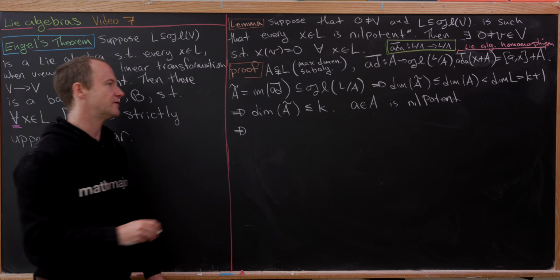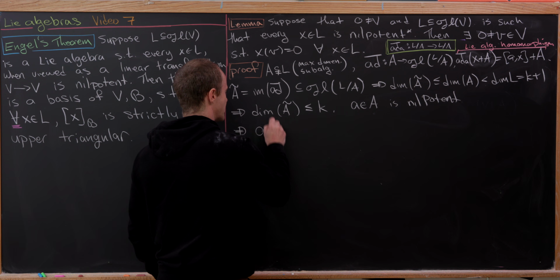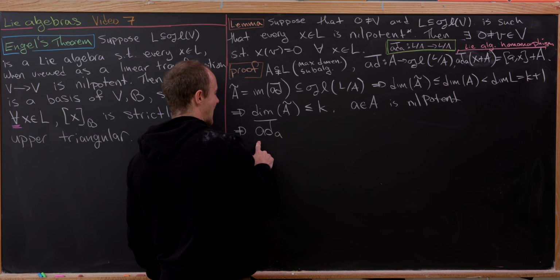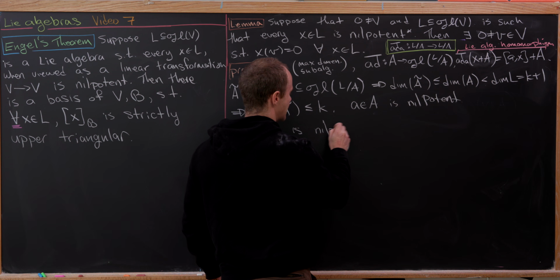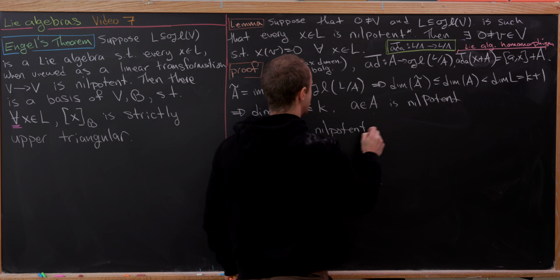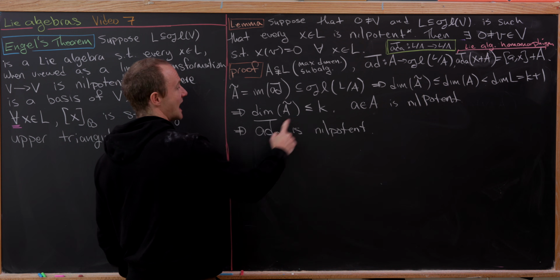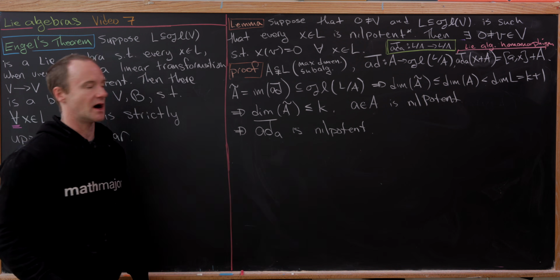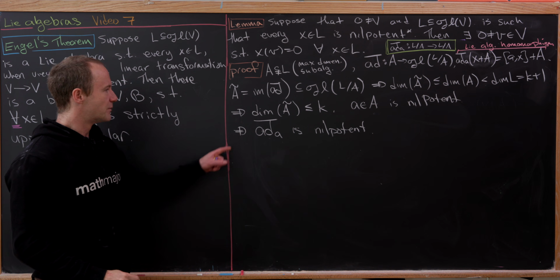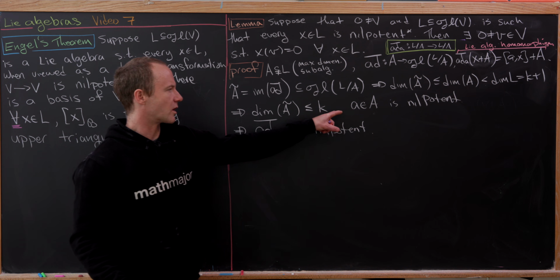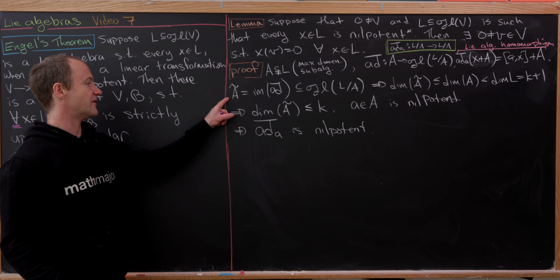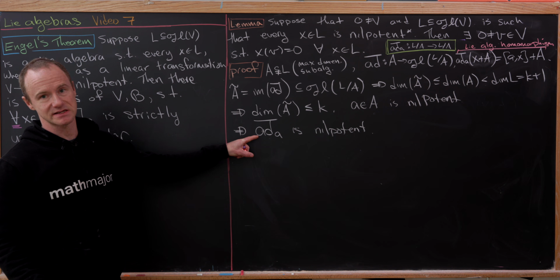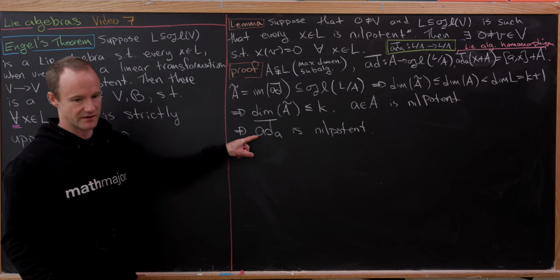That's by something we proved in the last video. From that, it follows that ad a is nilpotent, viewed as the map associated to a within gl(L mod A). This is done for any a within A, and every element of A tilde is a descendant of something inside of A.